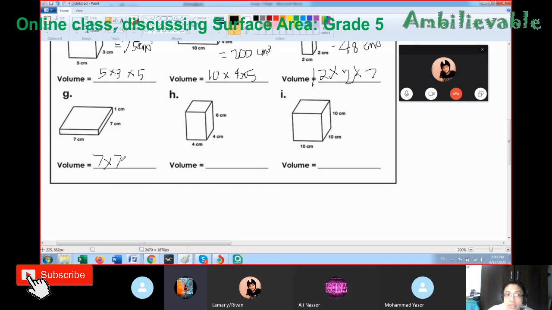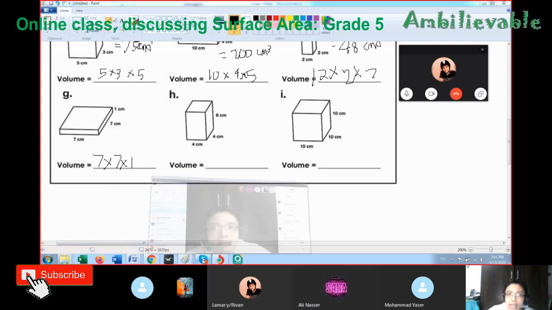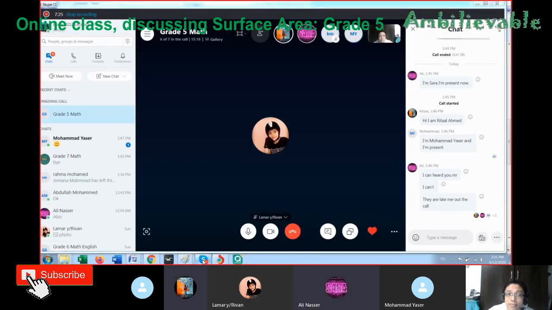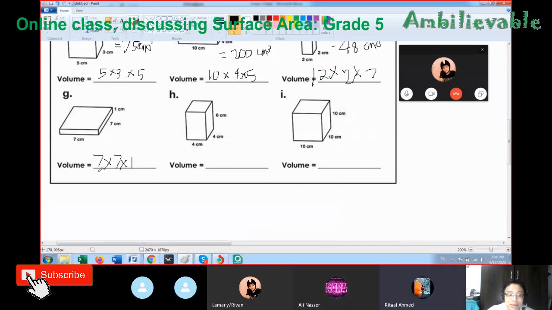What would be the dimension of letter G? Hey, Rital, look at letter G. What are the dimensions? We do have 7 times 7 times 1. So, Rital, what is 7 times 7? 49. 49 times 1 is 49. What is the unit that you will be using?